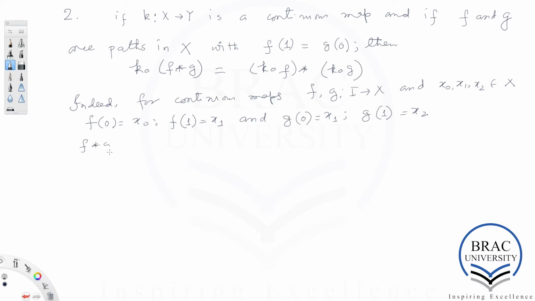F star G makes sense as a path in X with F star G at 0 is equal to X0 and F star G at 1 is equal to X1.